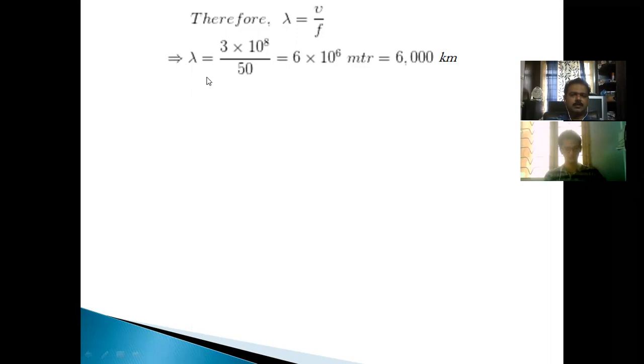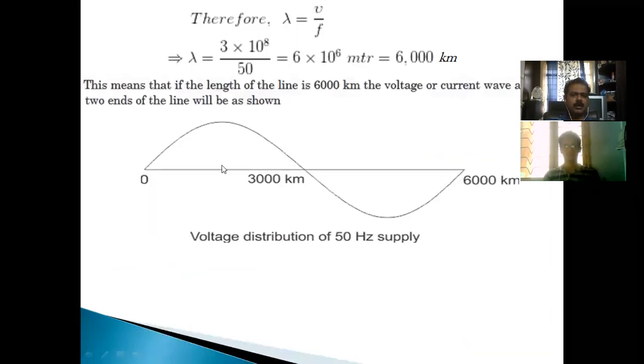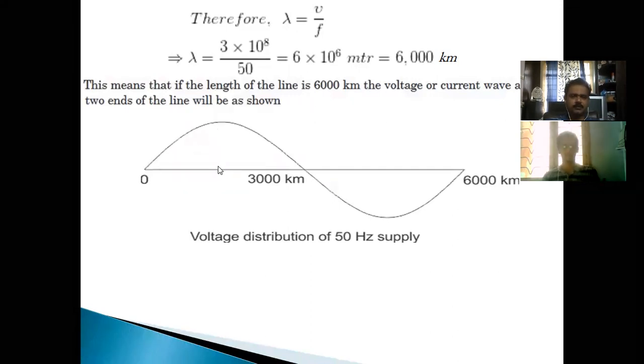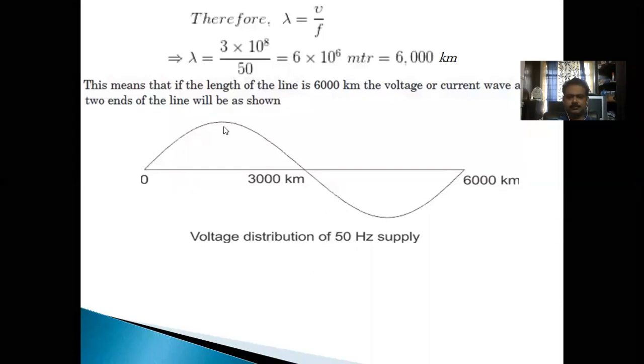So the wavelength comes around 6,000 kilometers. It means that after 6,000 kilometers, you will get the same value. Whatever the value at this location, if we calculate the instantaneous quantity for either the voltage or current waveform, after 6,000 kilometers you will get the same instantaneous quantity.